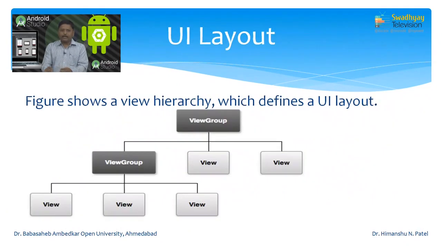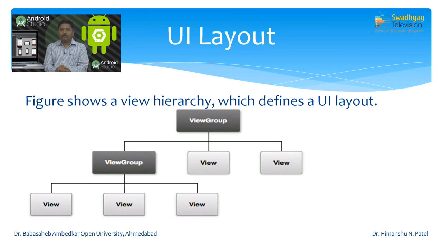Let us look at one figure to understand more clearly. This figure shows a view hierarchy which defines your user interface layout. Top is the ViewGroup which is highlighted by dark color. Inside a ViewGroup there may be other ViewGroups as well as a View.